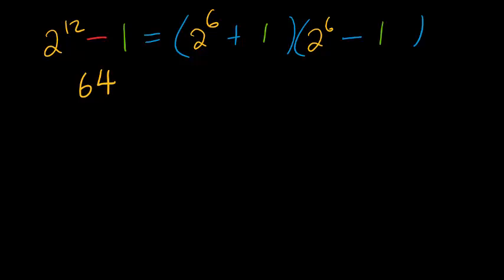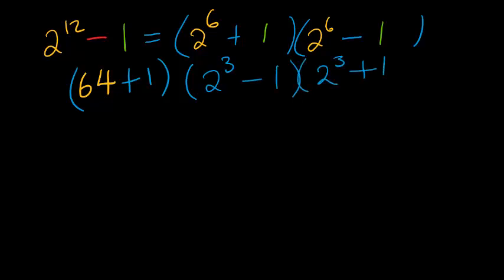Okay, so I've got 64 plus 1, and that's my first bracket. My second bracket is a difference of squares. So for my second bracket, I can go ahead and say 2 to the 3 minus 1 multiplied by 2 to the 3 plus 1. So my first bracket stays the same. I've got 64 plus 1 becomes 65.